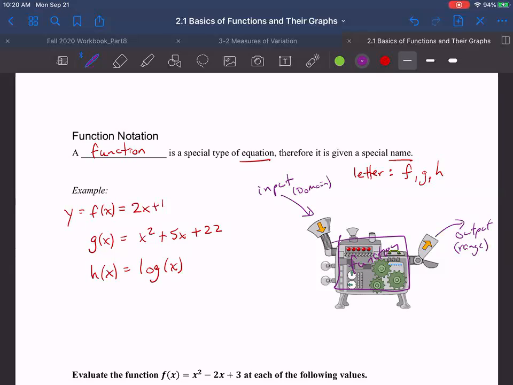You could even think of this like if I had a machine that made breakfast, or made food or something. If I gave it some eggs and some bread, it would make me an egg sandwich.